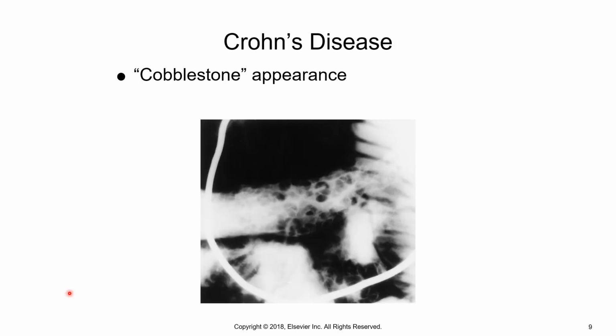One thing I do want to point out, this cobblestone appearance in Crohn's disease or regional enteritis, if you look at the chart on table 13.4, where they list the condition or the disease, and then they tell you the most common exam that is done and the possible radiographic appearance, some of the things that you probably want to make note of, if you look at regional enteritis, it talks about the cobblestone appearance or the string sign.